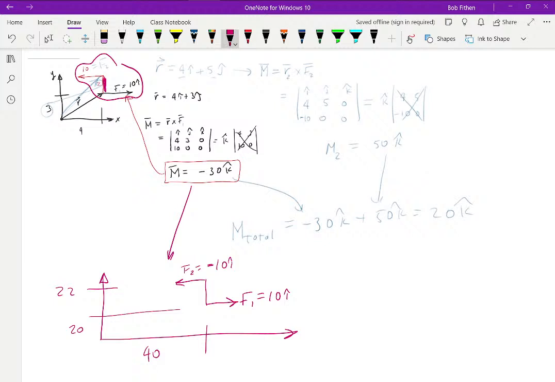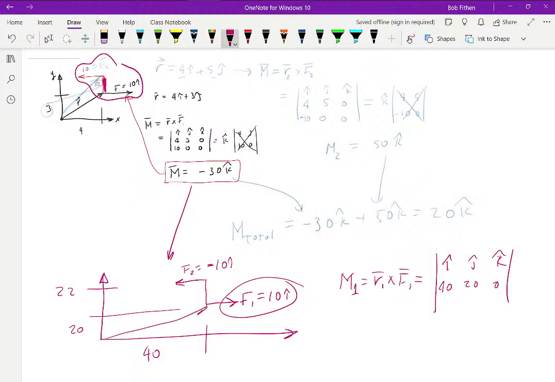Now, let's start by looking at the moment associated with this. Moment associated with 1 is R1 cross F1 equals i, j, and k. Trying to prove a point here. The R goes out at 40, goes up to 20, 0.